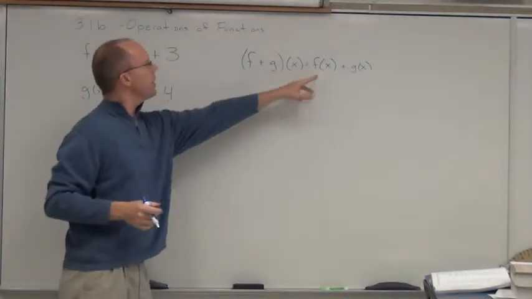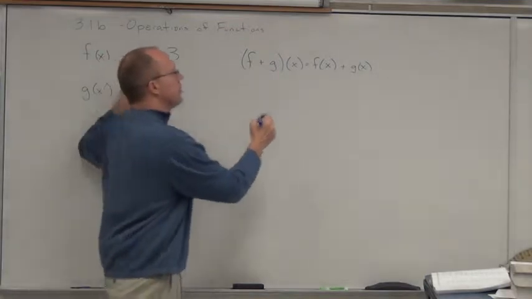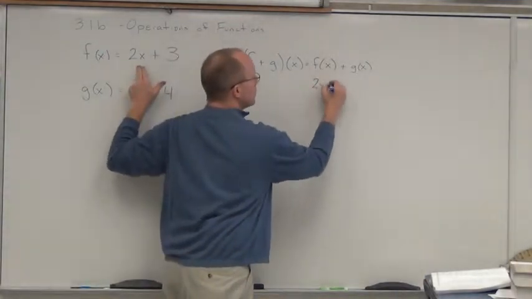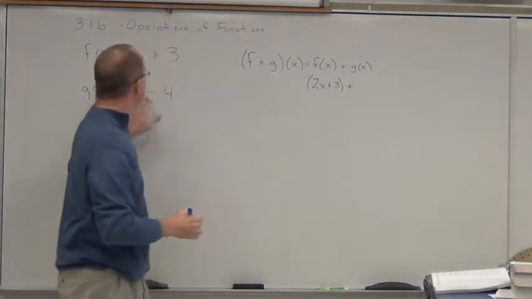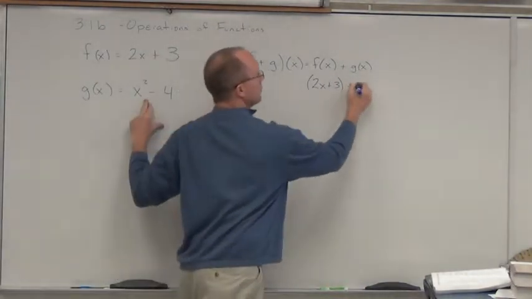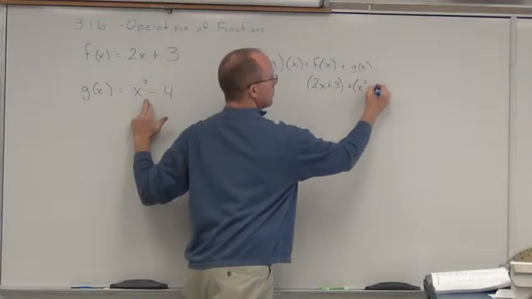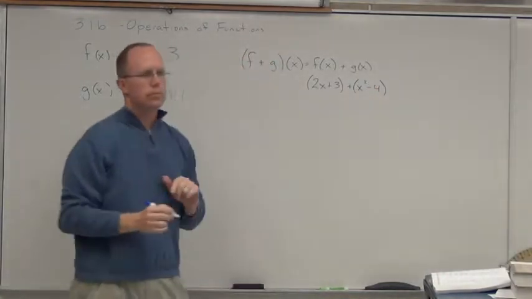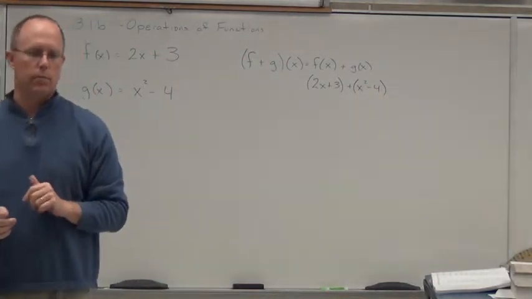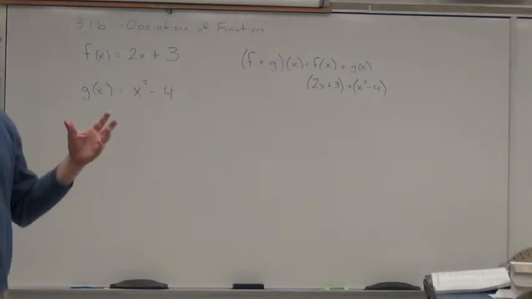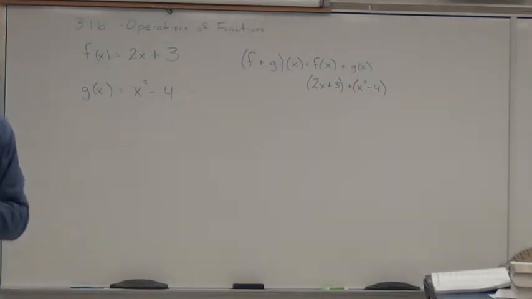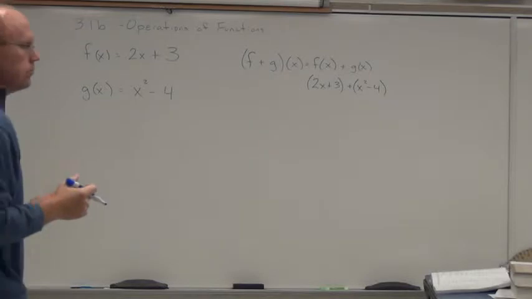So our f of x is this 2x plus 3, and then we're going to add that to our g of x. Then it's just a matter of combining any like terms here. Also, we'll write our answer in decreasing order.